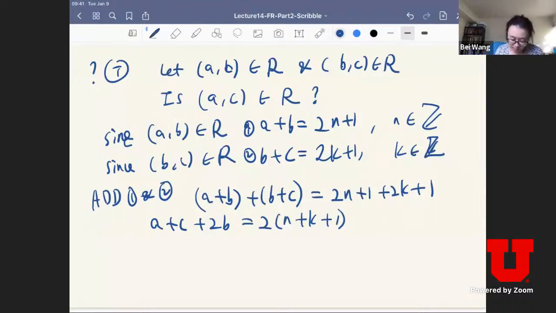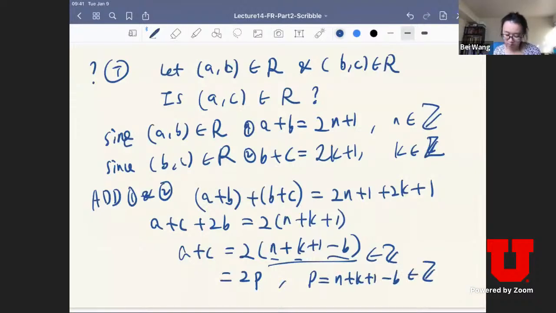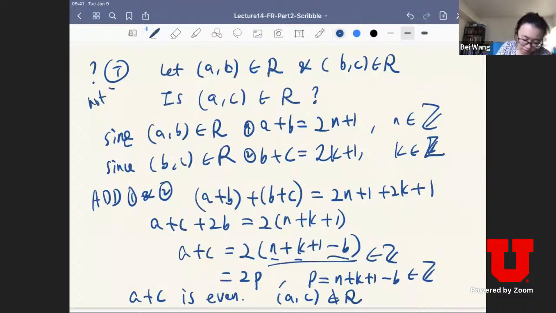Minus 2B on both sides, so I have A plus C is equal to 2 times (n plus k plus 1 minus B). We know that n is an integer, k is an integer, and B is an integer. By the closure property of integers, this is an integer. So now A plus C is equal to 2 times some integer. That means A plus C is even, which means (A, C) is not part of the relation. So this relation is not transitive.